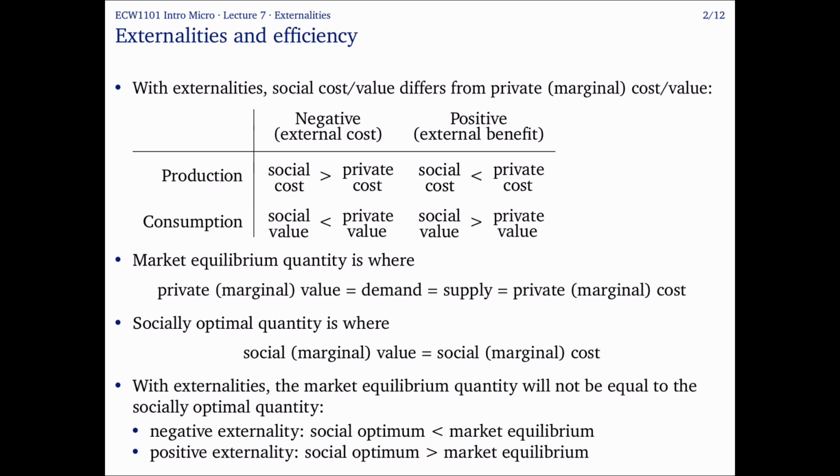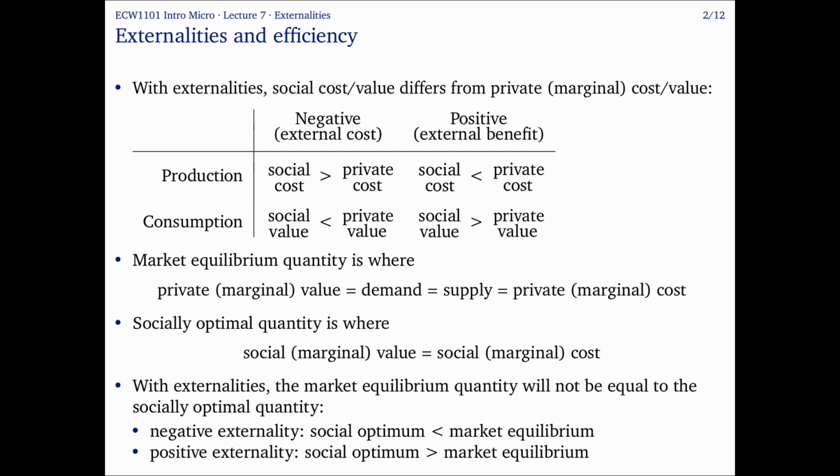Anyway, with externalities, what happens is that there is a discrepancy between private costs and benefits or value. The textbook calls it value. I believe Lillian used the term benefit in the earlier part of the course. The two are interchangeable, okay? When we talk about value, it just means the same as benefit and vice versa.